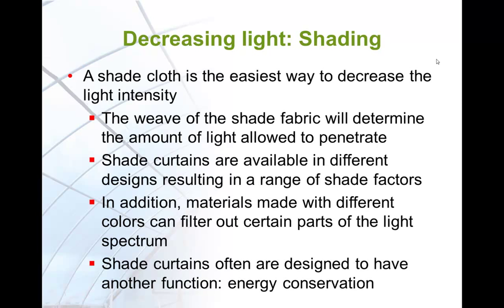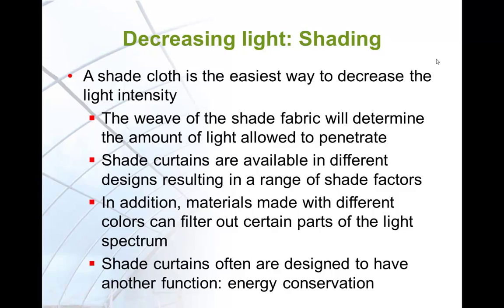Putting shade cloths either internally or externally of the greenhouse system is the easiest way to decrease the overall light intensity. And there are multiple shading percentages available for shade cloth used for greenhouse controlled environments. Generally, the weave of the shade fabric will determine the amount of light allowed to penetrate, and shade curtains are available in different designs, resulting in a range of shade factors.